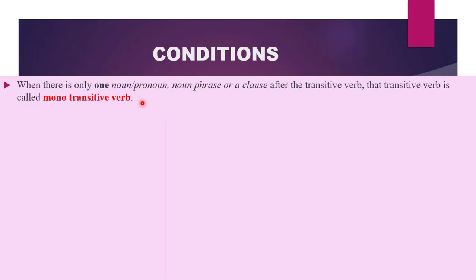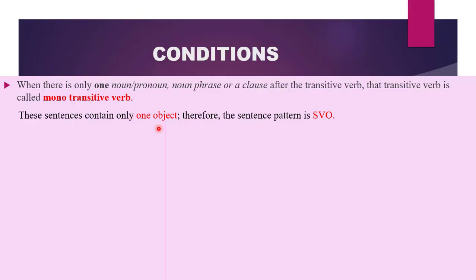When there is only one object in a sentence, then that verb is going to be called a monotransitive verb because it is a verb that requires only one noun, pronoun, noun phrase or a clause after it. The sentences that we are going to see here contain only one object. Therefore, the pattern is going to be SVO, subject, verb, and object.